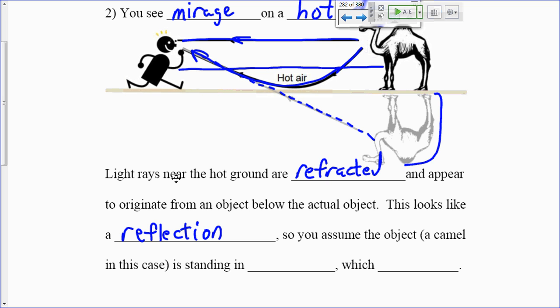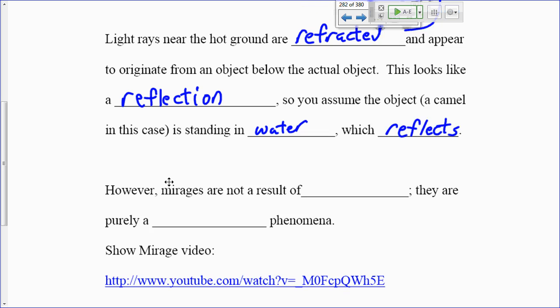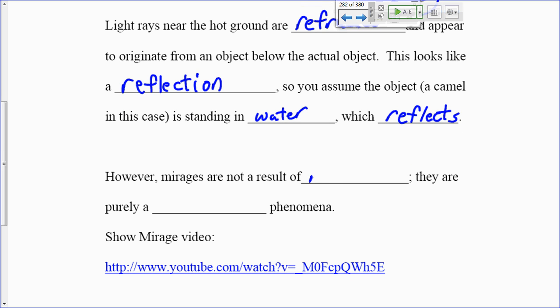So then you assume that the object, a camel like this, is standing in water, because water reflects. It looks like it's standing in a lake or whatever. However, these mirages are not a result of reflection. Even though it looks like reflection, it's not. They're purely a refractive phenomenon.